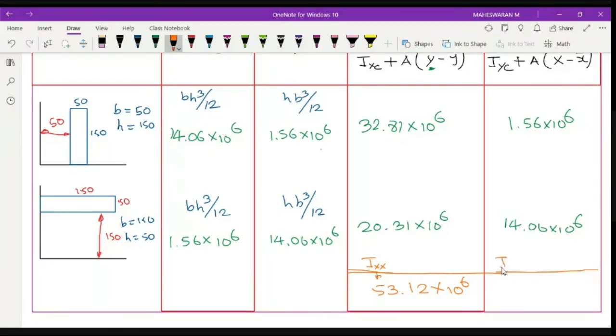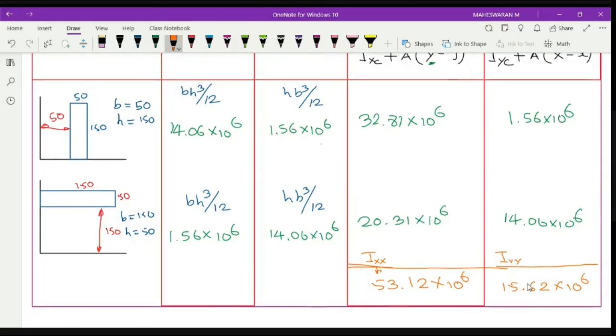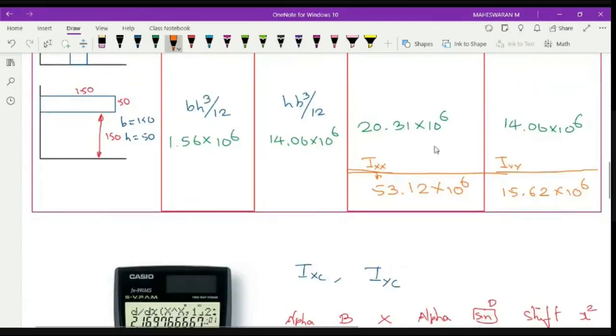So your IYY is just adding these two, so 15.62 into 10 power 6. Right? This is my IYY. So this is nothing but your centroidal location. This is the moment of inertia with respect to the entire centroidal section. Right? This is my answer.